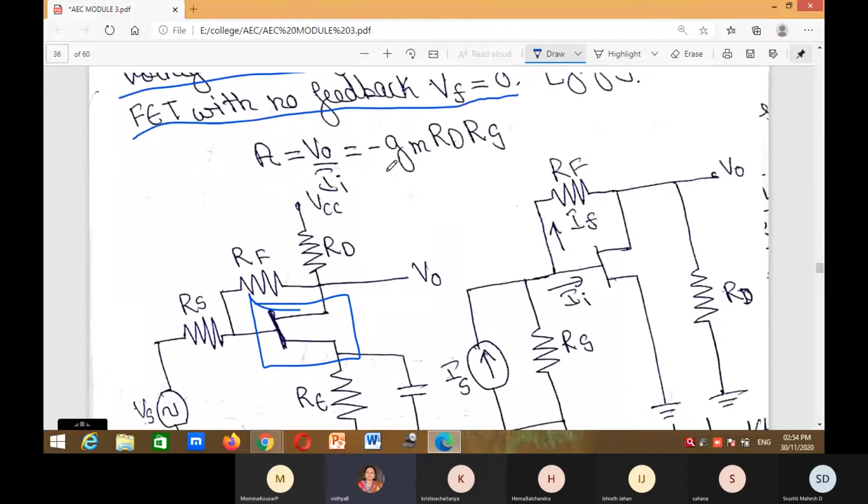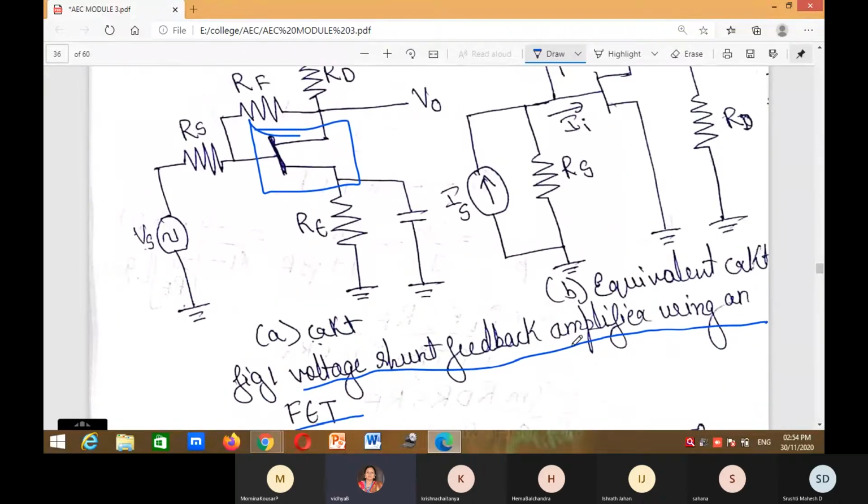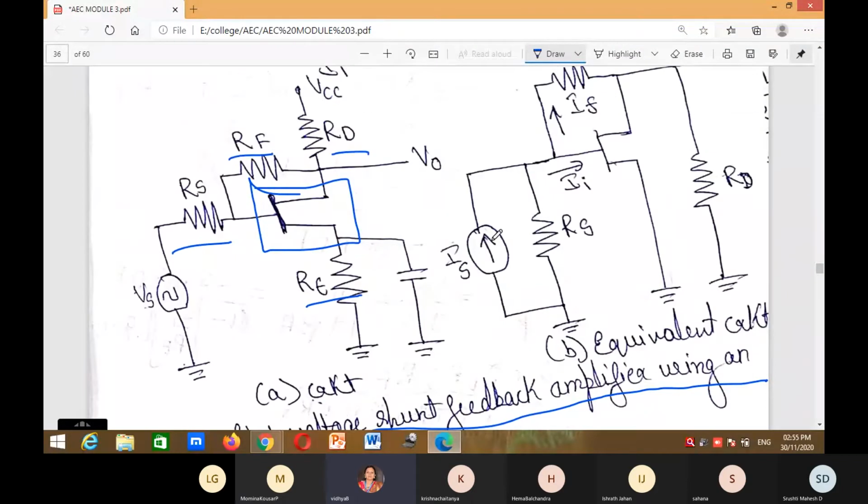Now we have considered the voltage shunt feedback amplifier using an FET, with source resistance, Rf, and Rd. Next, the same equivalent circuit for that.